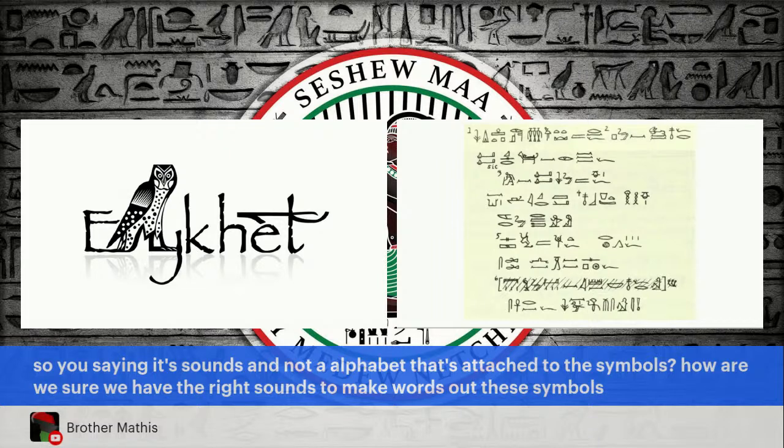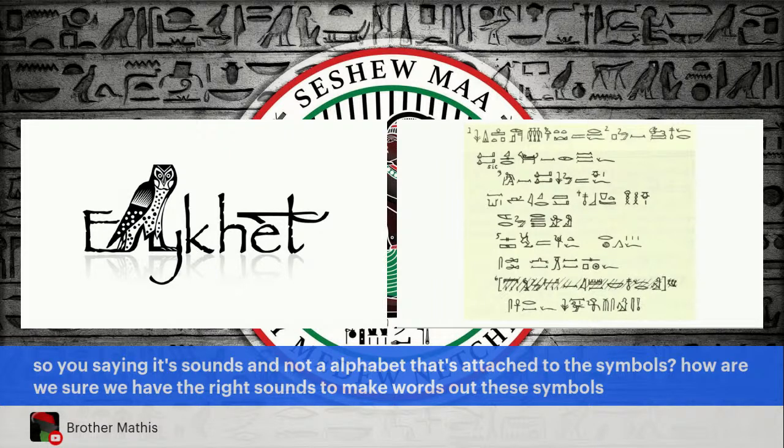Well, first we have to start by understanding that the glyphs are a writing system, and a writing system is the visual representation of speech, which is sounds. That's the purpose of them. What sounds go with which glyphs, we can track that out.